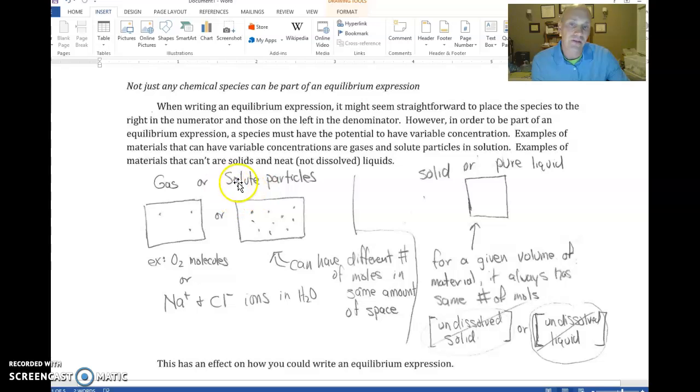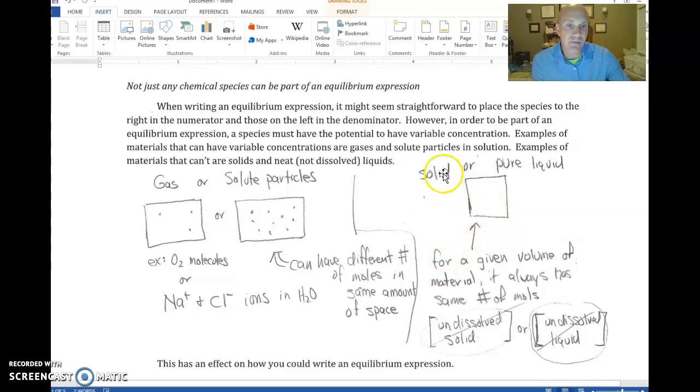Same thing with solute particles. I can have a dilute solution or I can have a concentrated solution, so I can have different amounts of solute particles in that same volume. By contrast, let's pretend we have a pure solid, like a cube of sugar, so pure sucrose.